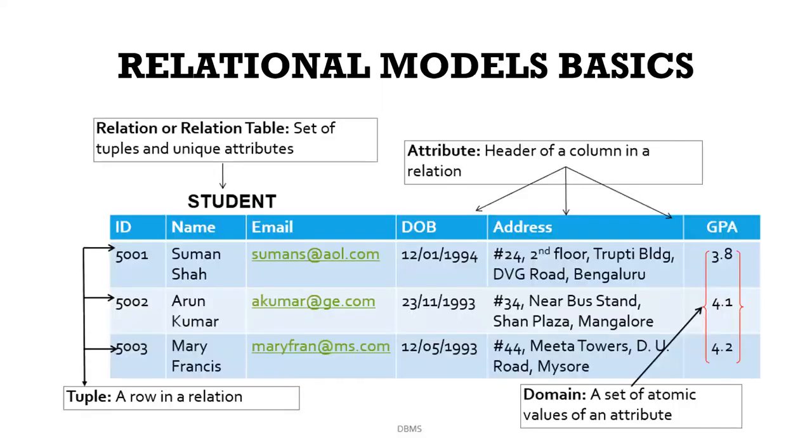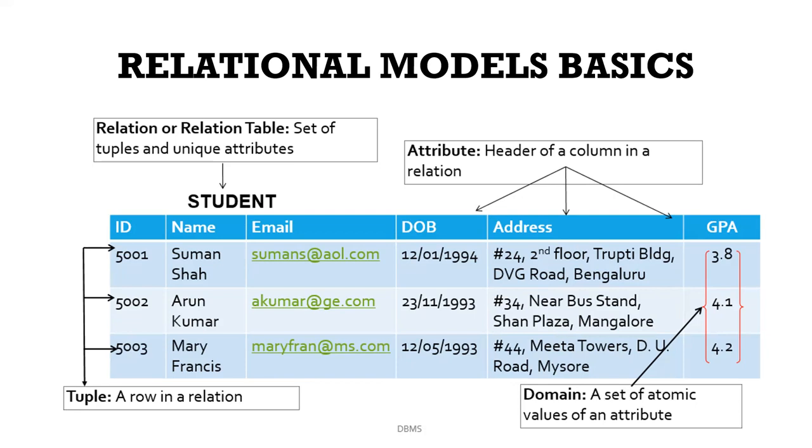Here is one example. The name of the table is student. All the columns have a heading, which is called an attribute. It specifies the header of the column in a relation. The rows have many values. Each row in a relation is called a tuple. The entire row is a tuple.